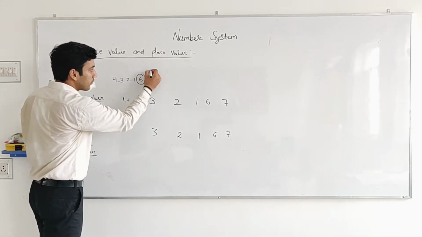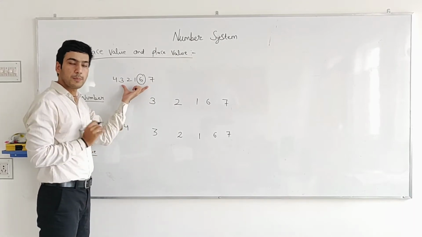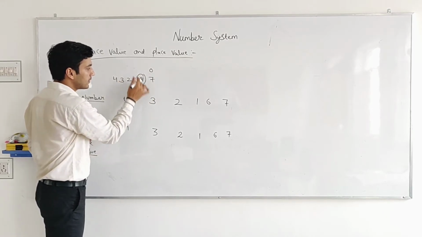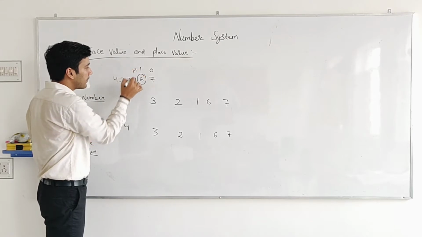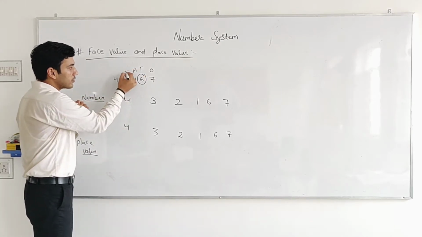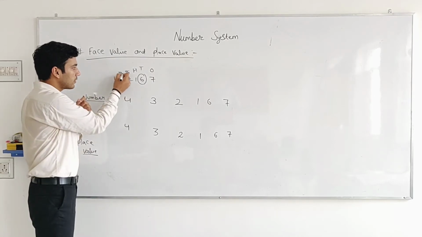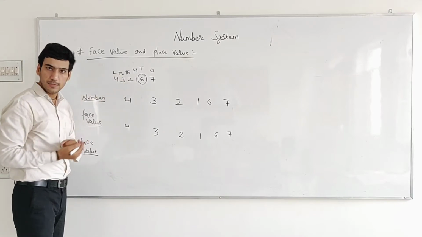So first of all, write the place value chart, or we can represent this number on a place value chart. 7 is on my 1's place, 6 is on my 10's place, 1 is on my 100's place, 2 is on my 1000's place, 3 is on the 10,000's place, and 4 is on my lakh place.